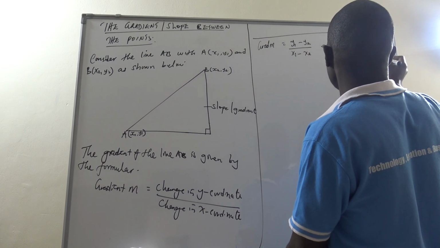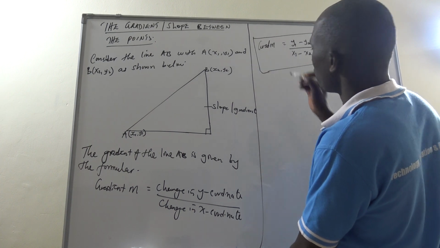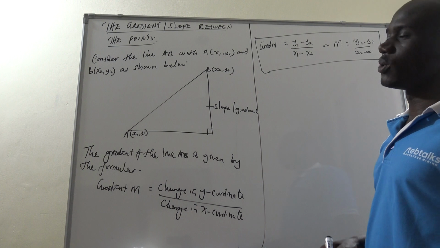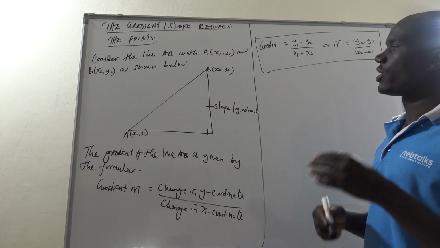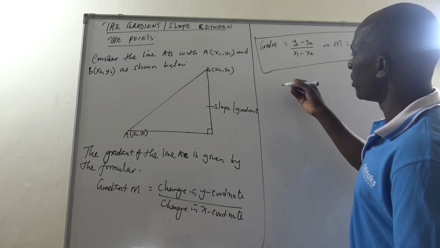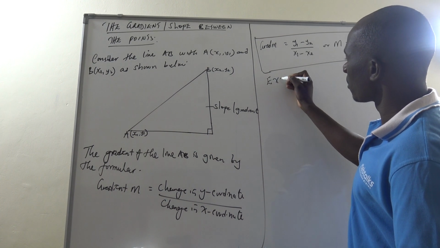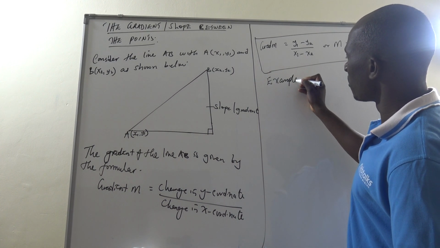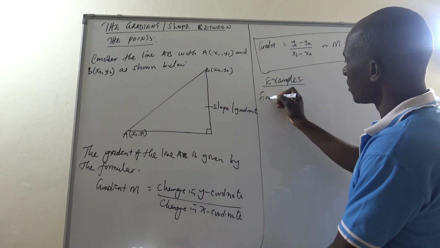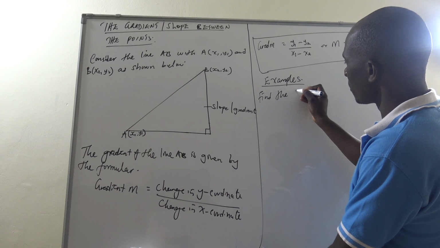All these are formulas for the gradient which you are going to be using. So when they say how do we get a gradient, simply look at change in y coordinate over change in x coordinate.